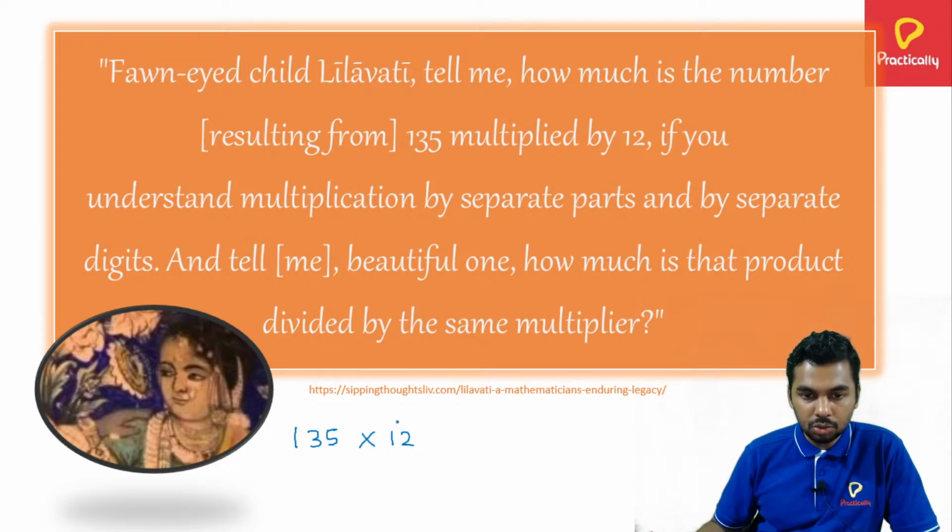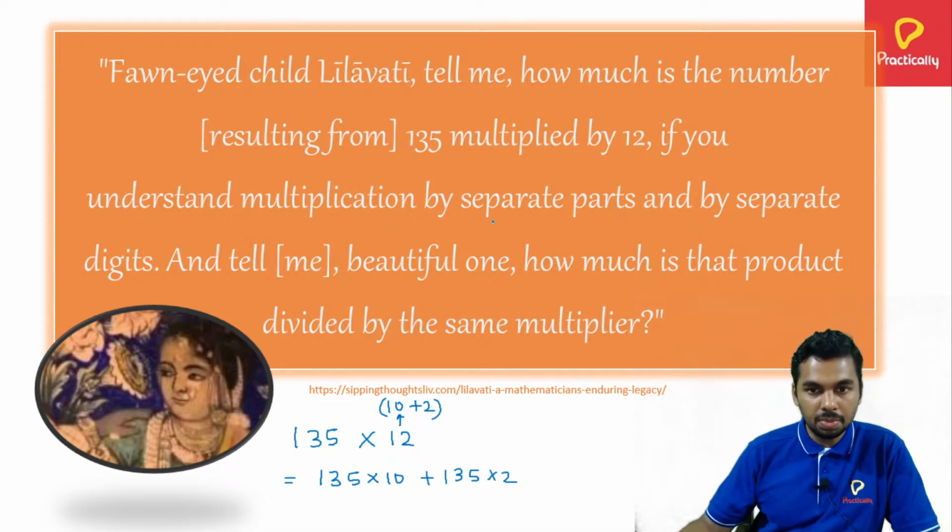You split the number 12 and write it as 10 plus 2. I am splitting the number 12 and writing it as 10 plus 2. So I can use what is called the distributive law. Many students might already know what it is. So this can be written as 135 multiplied by 10 plus 135 multiplied by 2.